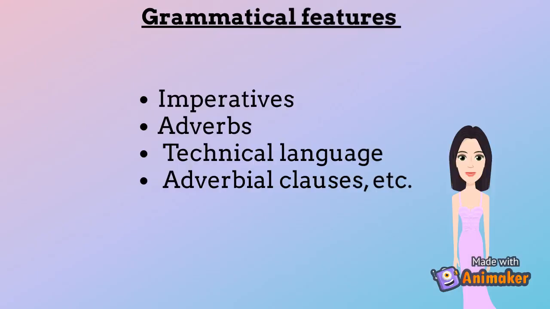There are some grammatical features that are characteristic of this text type, such as the use of imperatives to command an action to the receptor, adverbs to describe how the action has to be performed, technical language depending on the context of the text, the use of adverbial clauses, and others.